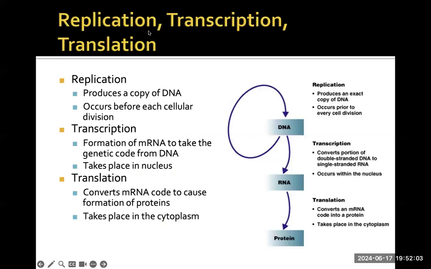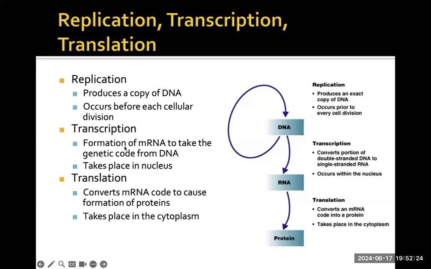So the whole process is going to start with replication. In order to divide and then rewrite and then understand in a different way, you have to first reproduce. So replication is going to produce a copy of DNA. This is going to happen before each cellular division. Then you have transcription.